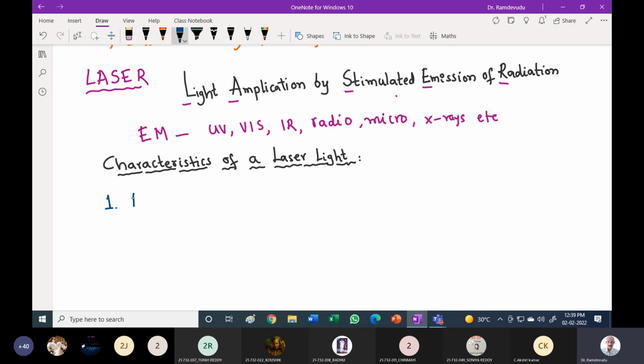Very good. So we start with monochromatic, and later you can tell the remaining. We say that laser light is highly monochromatic. Monochromatic means single frequency. Therefore, laser light contains a single frequency or single wavelength; mono means single wavelength.